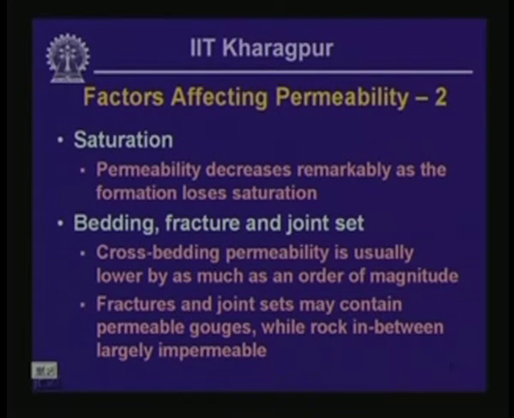Then the second aspect you need to consider is the existence of imperfections such as bedding planes, fractures and joint sets. Cross-bedding permeability is usually smaller by almost an order of magnitude in many cases, and fractures and joint sets are more permeable in comparison with the rock in between them, and this also affects the distribution of permeability.